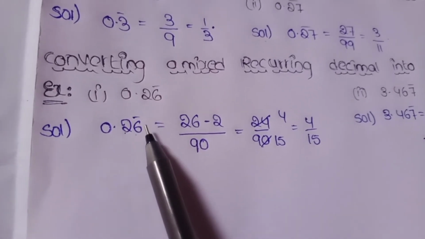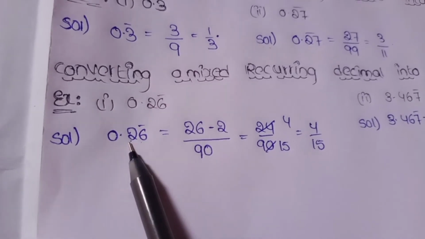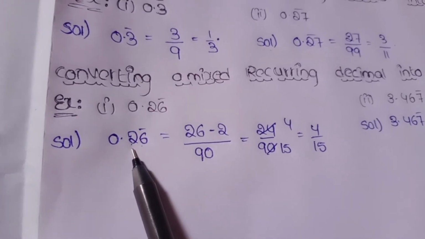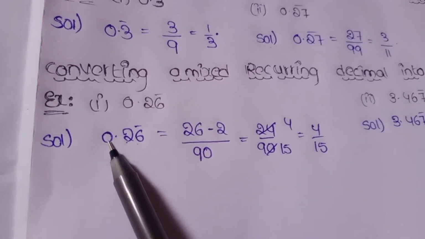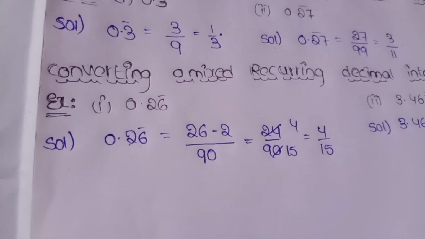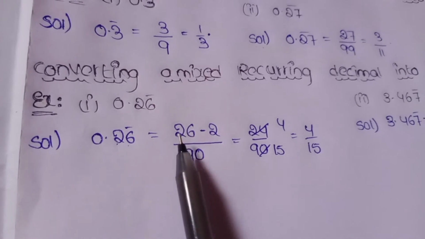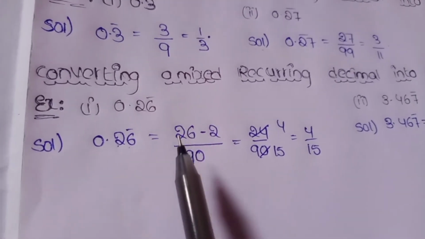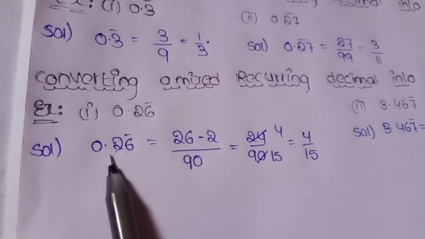0.26 bar. Here, one recurring point and one non-recurring point. First, you have to write how many digits you have after the decimal? 2 digits. What are they? 2 and 6. First, you have to write 26 here and subtract the non-recurring part.